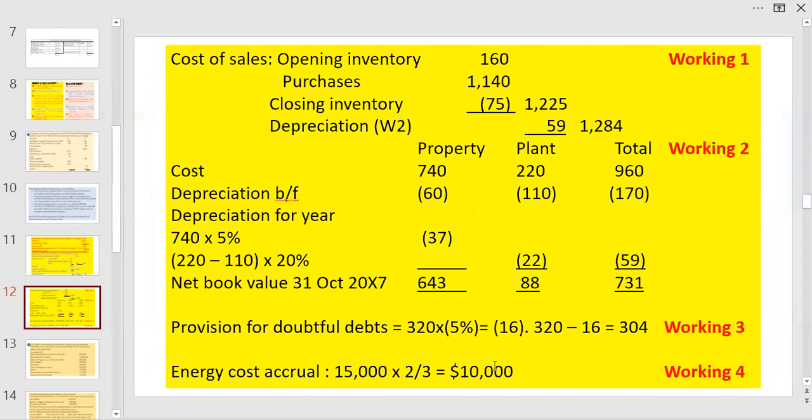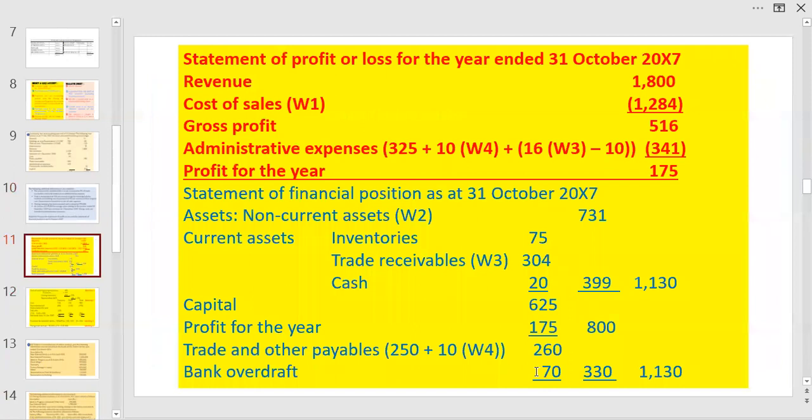After the adjustments, profit and loss account and balance sheets are prepared. In profit and loss account, look at administrative expenses. There are 325 given in the trial balance. 10 is provided as energy cost and provision for bad debts, 16 minus 10, 6.